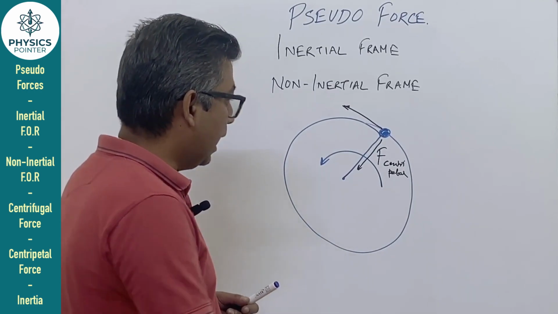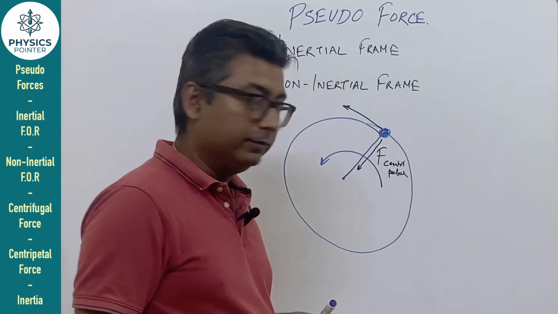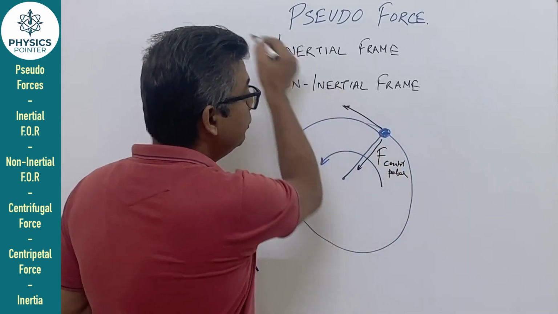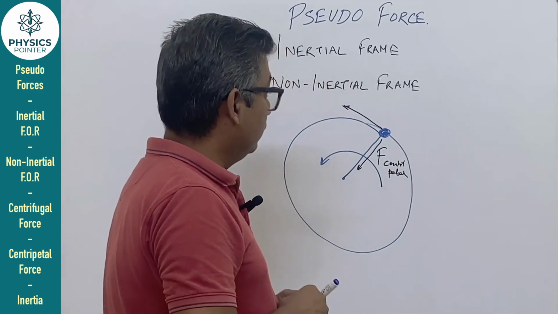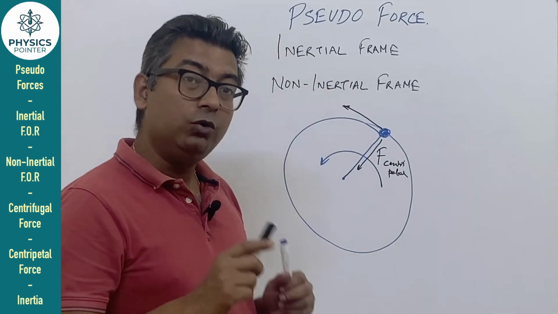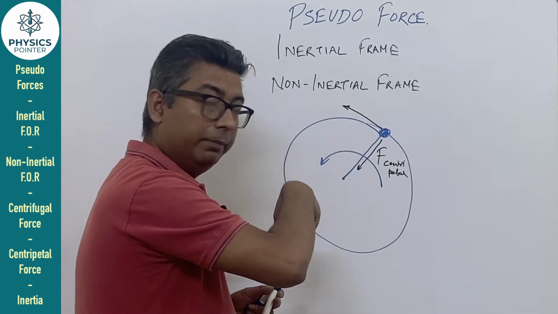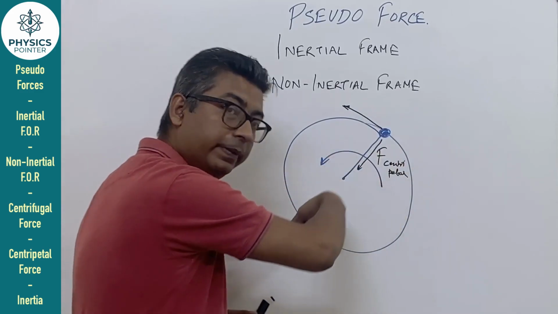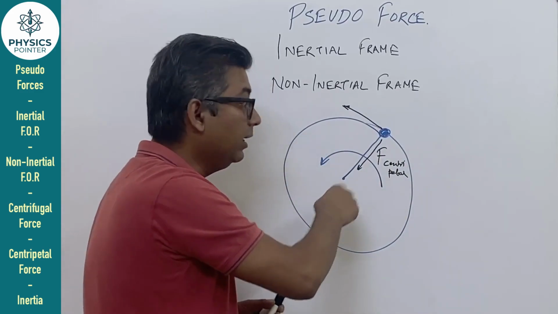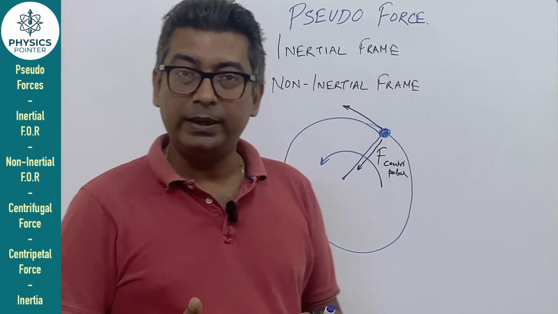That means at this instance, if I cut this thread, this body will move tangential to this position. So the problem is, how do we actually explain that this body is rotating? Because the tension is towards this direction, the centripetal force is also in this direction, then how is it balanced outwards? We cannot explain it.